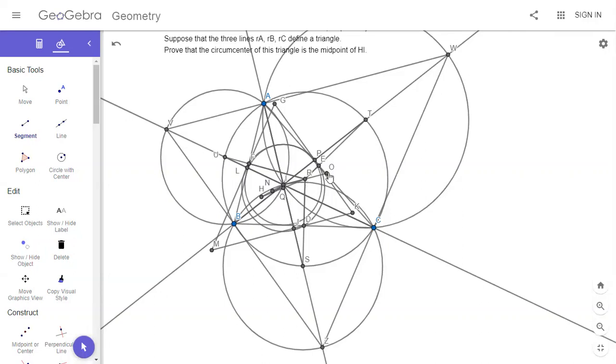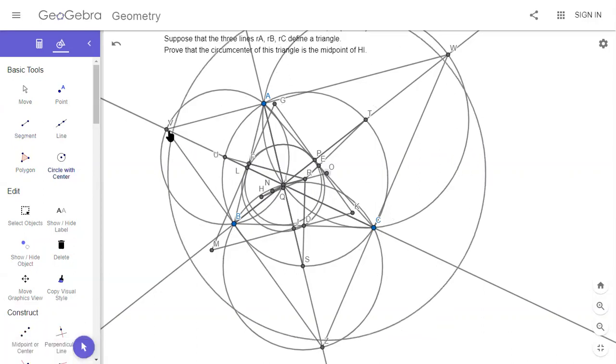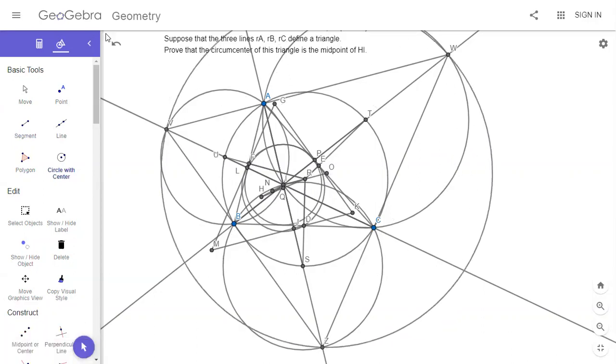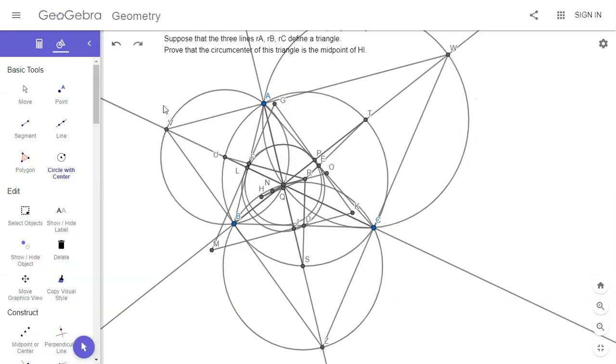So O is the circumcenter of ZVW, and R is the circumcenter of ABC.